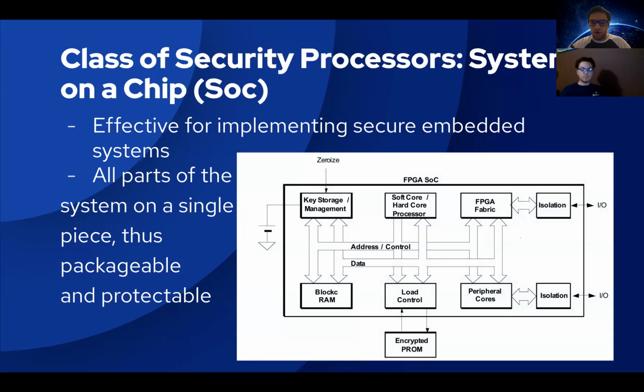For example, this is like one entire unit, this black box. So you have a processor right here. You've got RAM, you've got different CPU cores, you've got storage, all in one small piece of hardware.